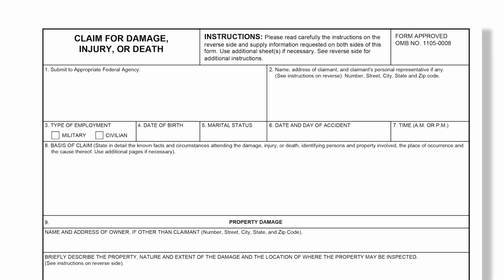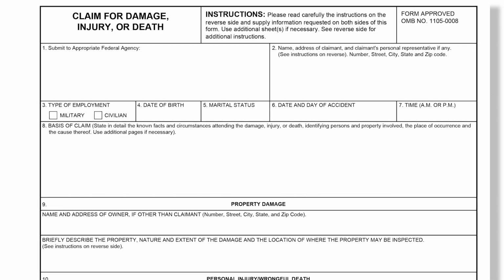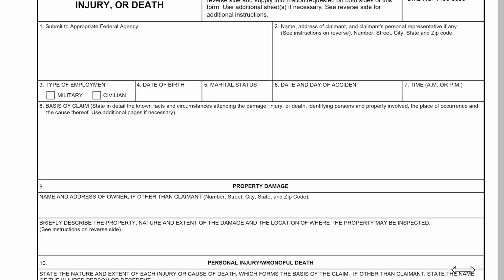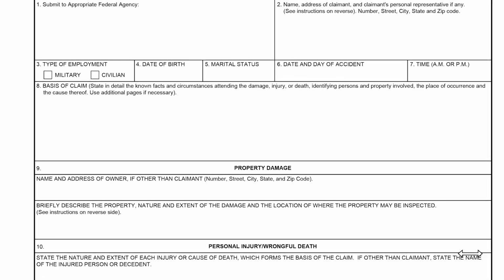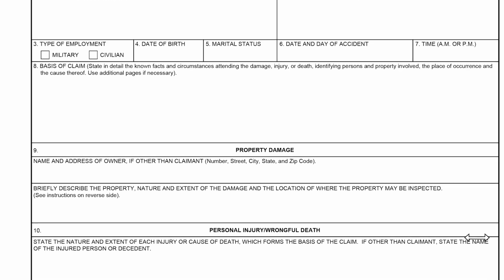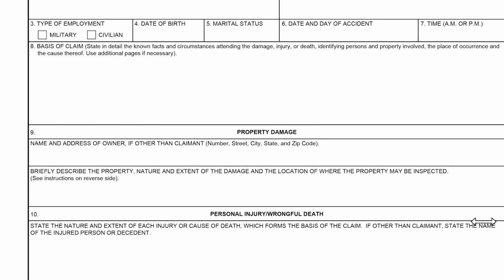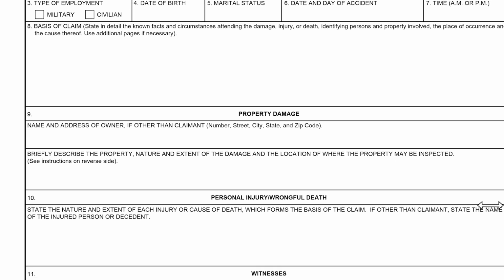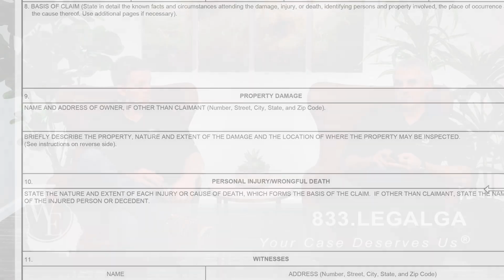There's actually a form from the government called a Standard Form 95. That form has to be submitted to the governmental agency that the alleged negligent act occurred with. In that form, you spell out what the injuries are, what the alleged negligence is, the agency that committed the negligence, and the amount of damages you're seeking for the alleged injury.